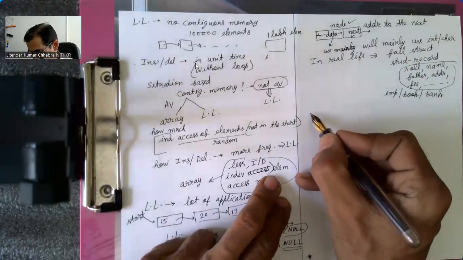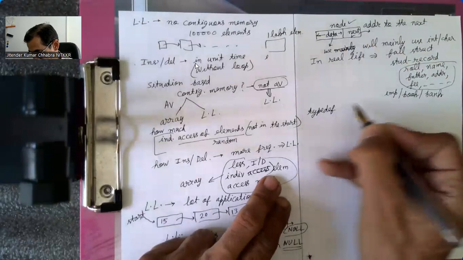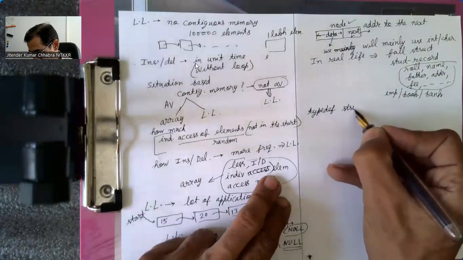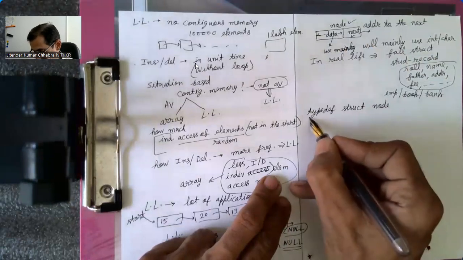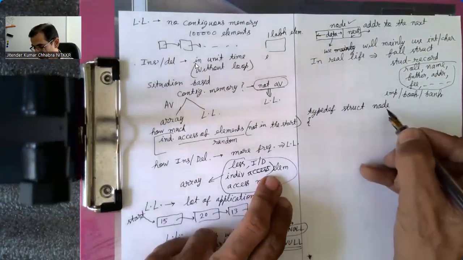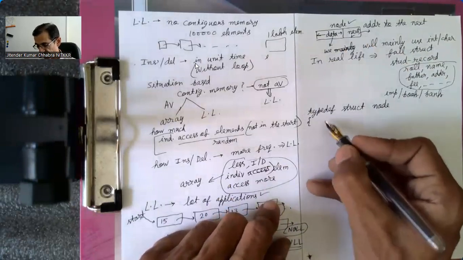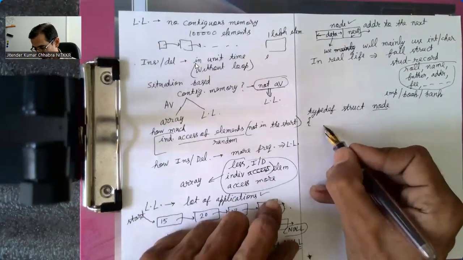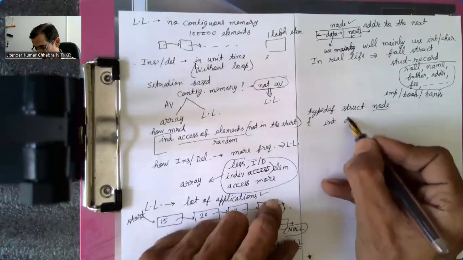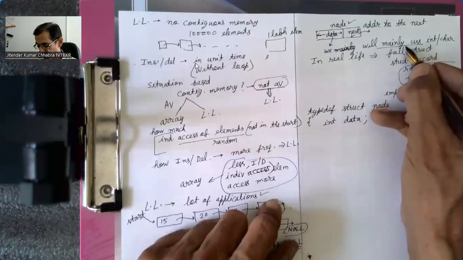How to create this? I create this via typedef. Typedef struct, because it's a structure ultimately. Node is not a reserved word, but conventionally we use the word node for such things. You can use node or any other word. It will have, for the time being, data as an integer.